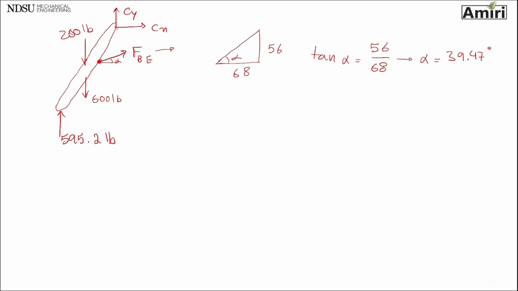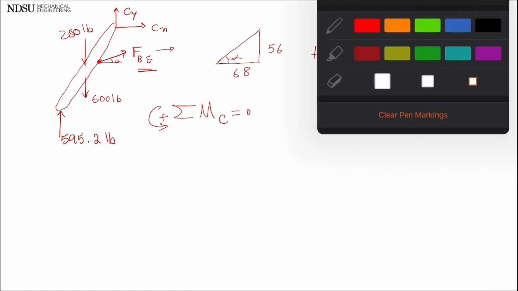I think I have everything that I need, because the problem is asking us to find this force. That's the goal. So if I'm smart about it, and write one moment about point C being 0, the only unknown I have is FBE. And so let's see.